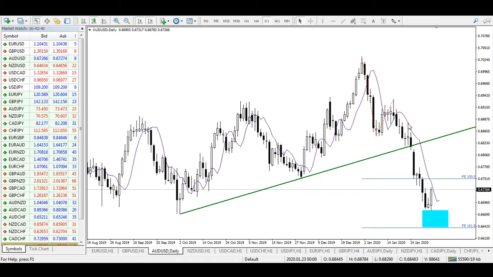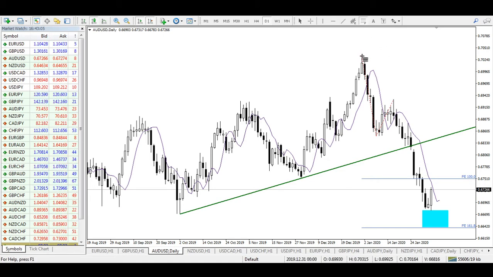It can go up and it can again come back and start falling and complete this Fibonacci extension 161.8%. So we are afraid because of the weakness of the Australian dollar, and the long-term picture is bearish. That's why we have already moved our stop loss to the break-even point. So this trade is going to be either a win or a zero profit, zero loss.